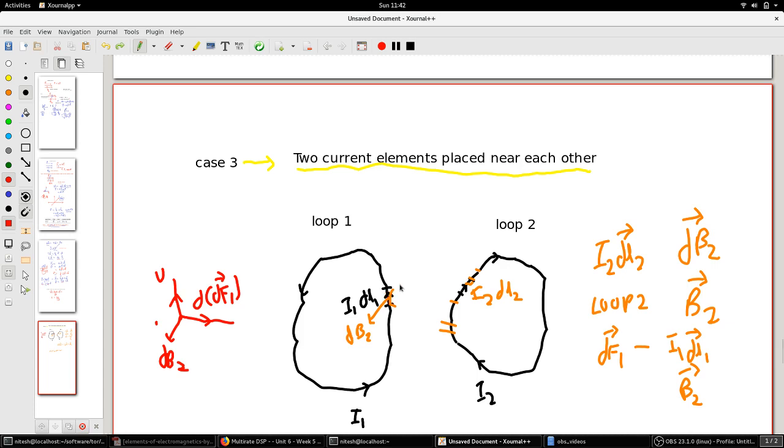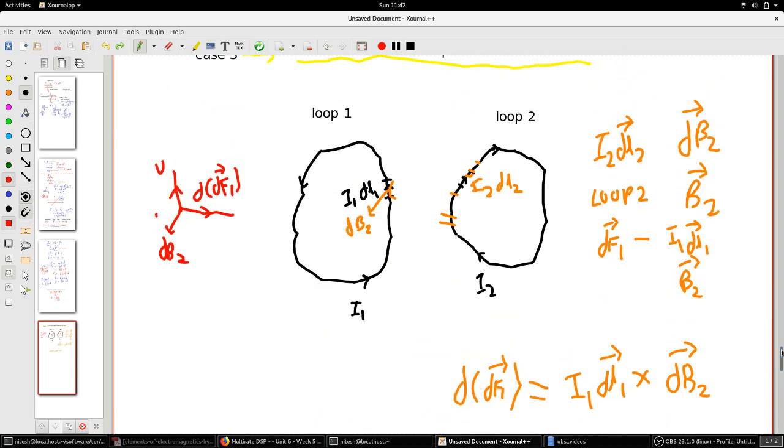Okay. So now, coming back to this Biot-Savart law, for me to find out the magnetic field intensity or flux density at this point because of this current element, I'll have to draw a straight line joining the 2 points, right? And that will be given as R21. So that is my distance.